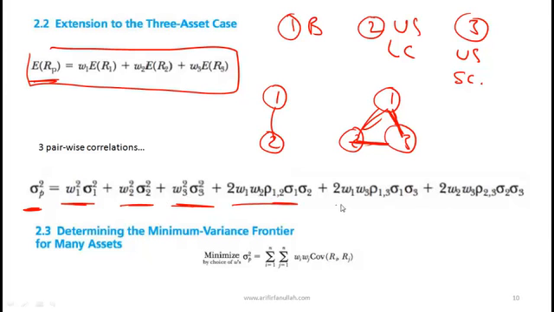The way I suggest you remember this is take each of the pairwise correlations, and then if you have the correlation between 1 and 2, then always you have 2 W1 W2, and then the 2 standard deviations. Okay, is this easy? How will you remember that you are not supposed to take a squared of sigma 1 and sigma 2?